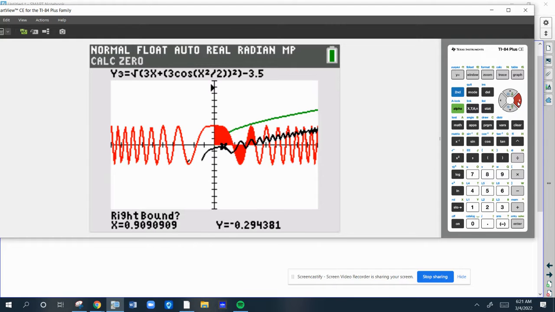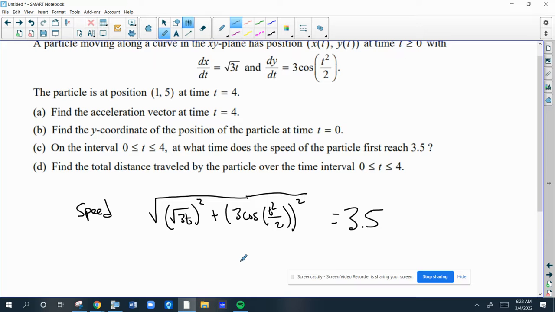The right bound, I need to cross the x-axis right here, so I crossed. Enter for the guess, and I get 2.225. So that's the time that it first reaches 3.5.